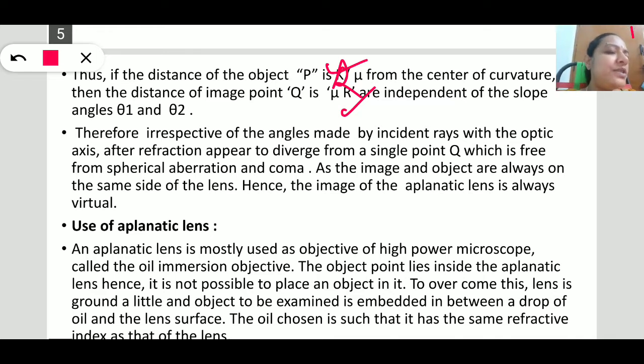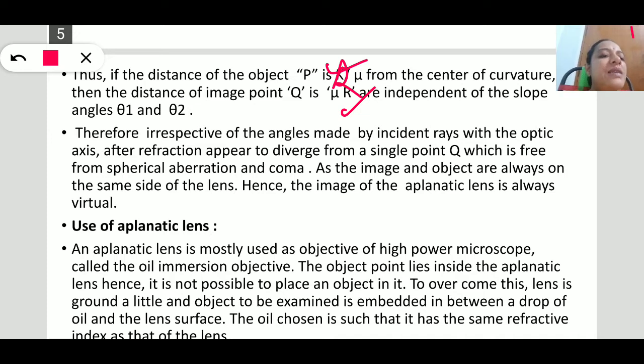We arrived at our derivation by considering theta 1 and theta 2 slope angles, but the result does not depend on them. So irrespective of the angles made by the incident rays with the optic axis, after refraction they appear to diverge from a single point Q, which is free from spherical aberration and coma.